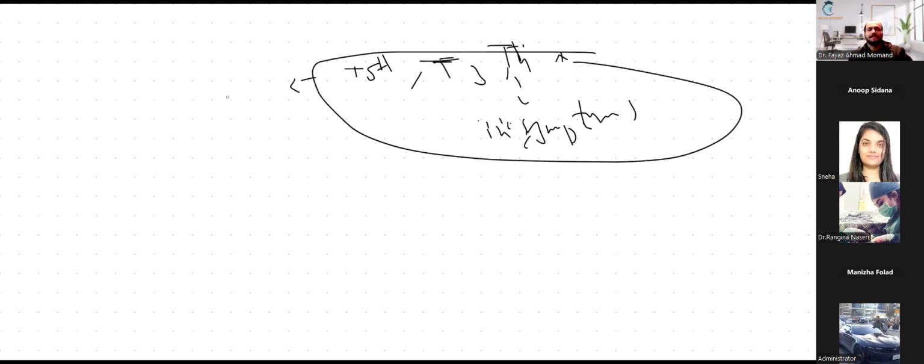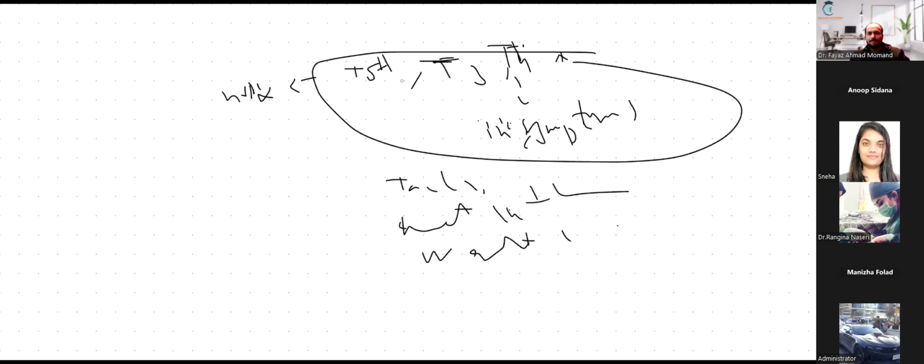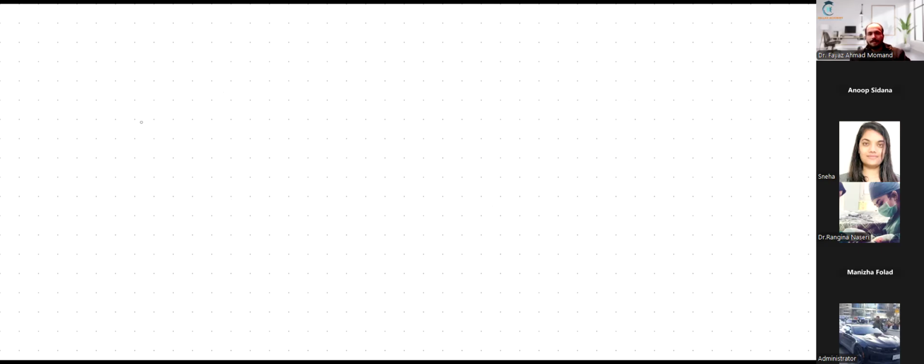But if the patient has symptoms like tachycardia, heat intolerance, weight loss, atrial fibrillation, any of the symptoms of hyperthyroidism, in that case we will start treatment. Rx is needed.